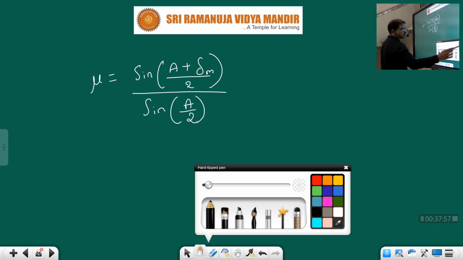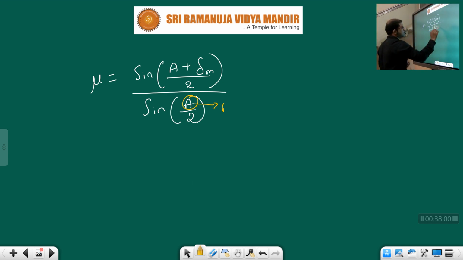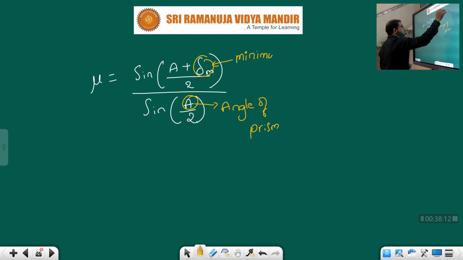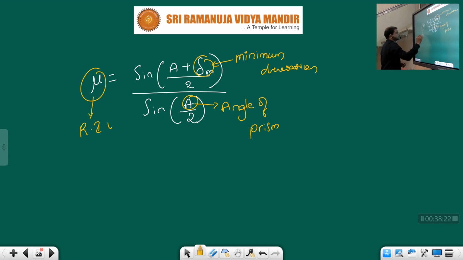Children, see where A is the angle of prism, delta m is the minimum deviation, and mu is the refractive index of the prism. Okay, children, so this is the formula we derived, and we have seen the splitting of colors.